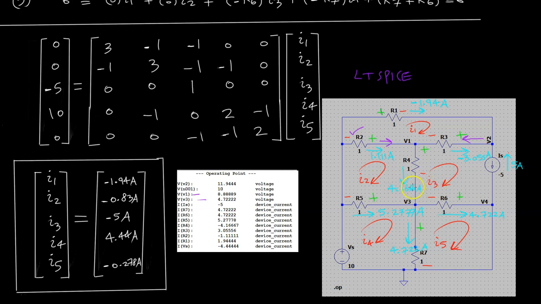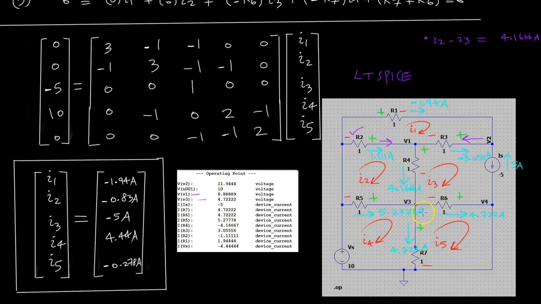I2 minus I3 would be this current. We need multiple variables to verify this. So let's say I2 minus I3 is equal to 4.1666 amps. That's one thing to keep in mind. It gets a little bit confusing to look at all this.